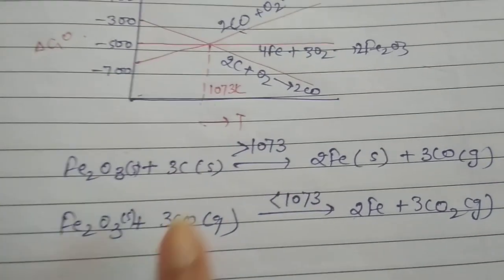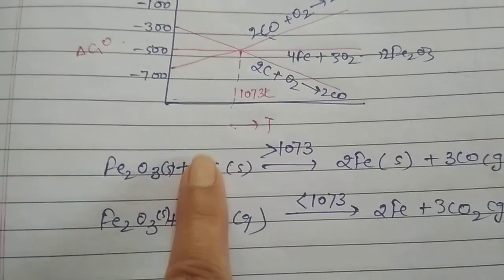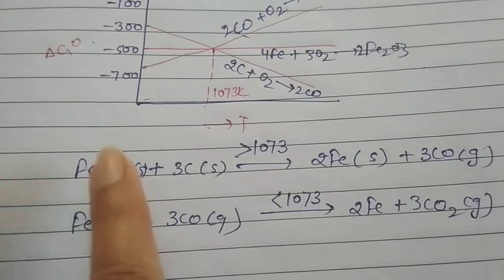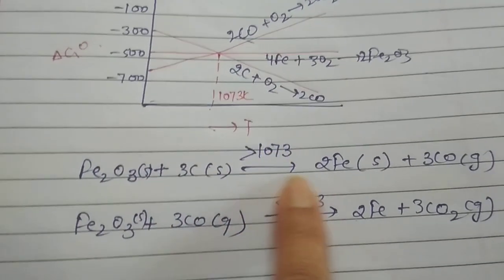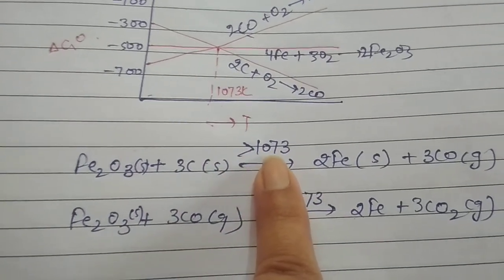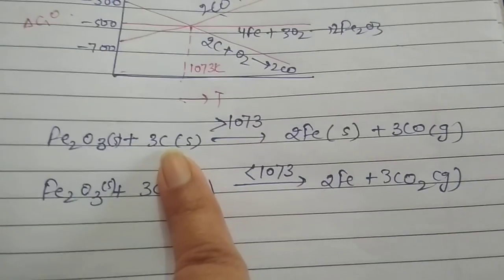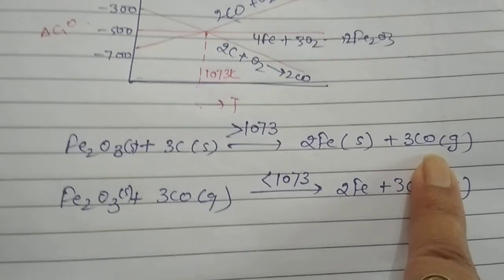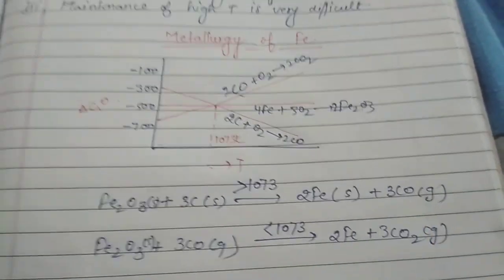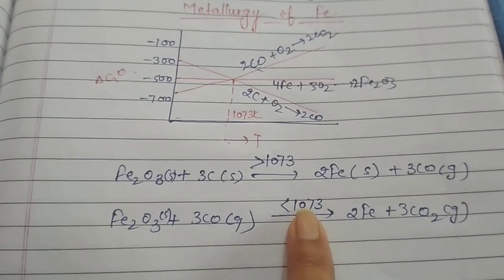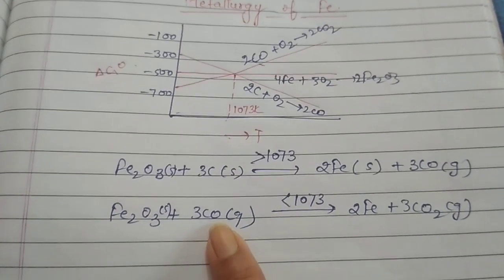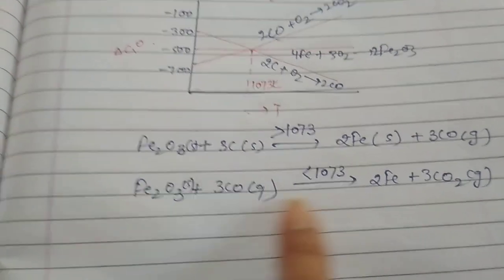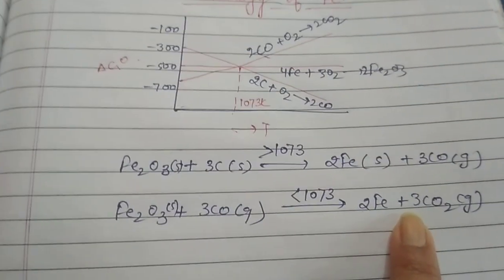So these two reactions would be possible, would be feasible, as in this case, when we are taking the temperature greater than 1073, we must use carbon as a reducing agent. It would be giving the more negative value of del G naught, while below 1073 Kelvin, we must use carbon monoxide to reduce iron oxide to iron.